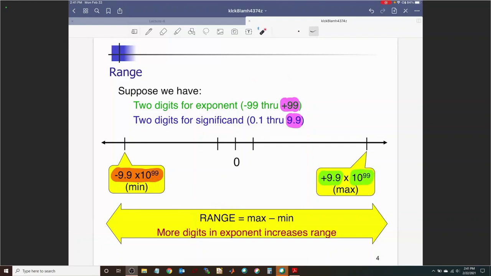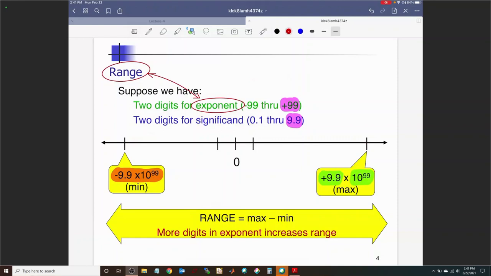So the range of numbers that you can represent will go up and down depending on the number of digits in the exponent field. So clearly what we are trying to attach here are two things: one is the range of the numbers and the other is the exponent field. And we are saying that if you want to play with the range, then you've got to play with the number of digits in the exponent field.